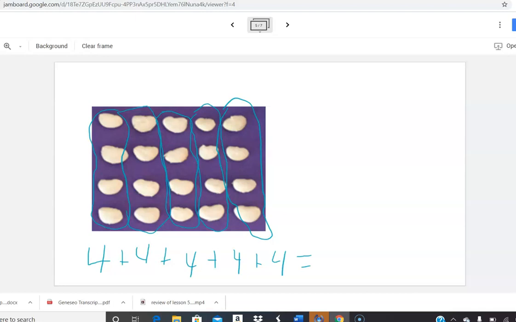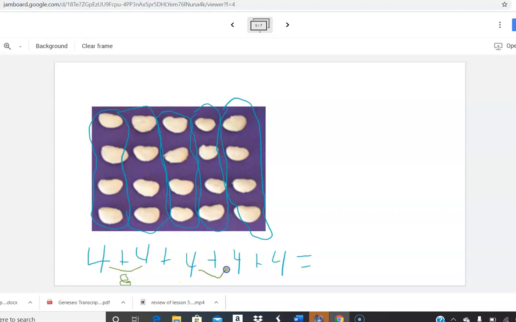And we can use our doubles facts again by saying 4 plus 4 would give us 8.